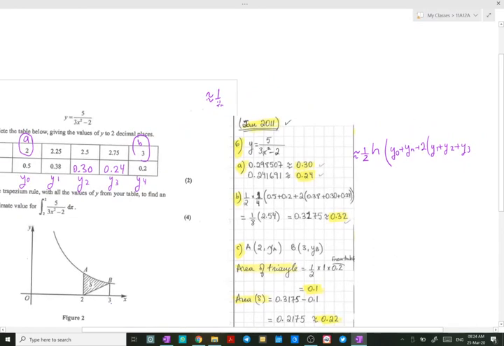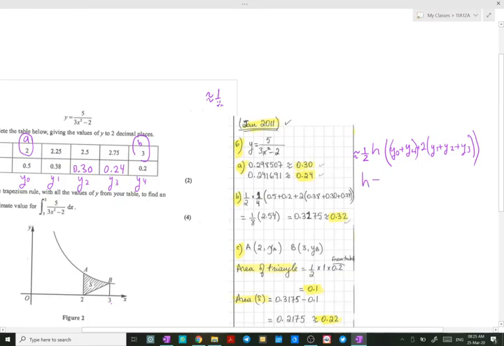Instead of yn, I'm going to write y4, because now I know how many y's we have, and then I close brackets here, and my formula is complete.